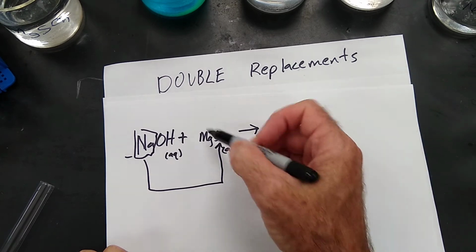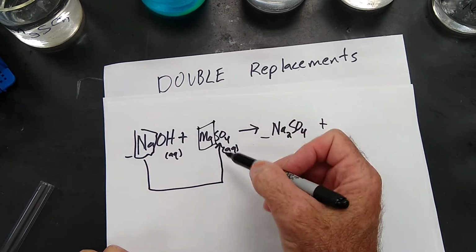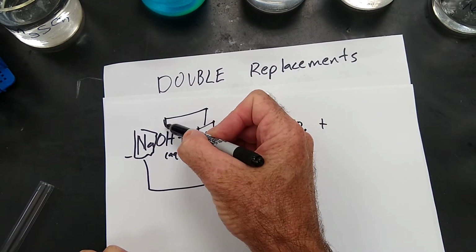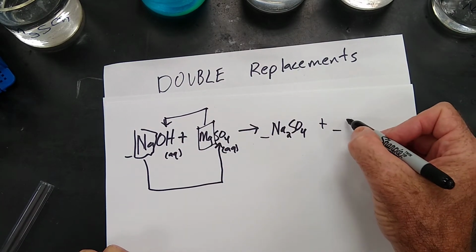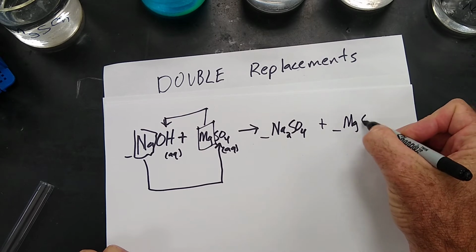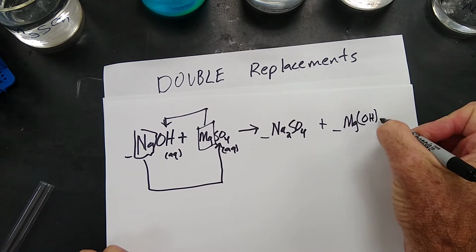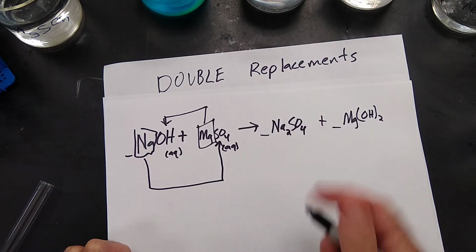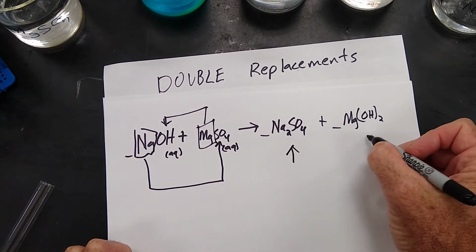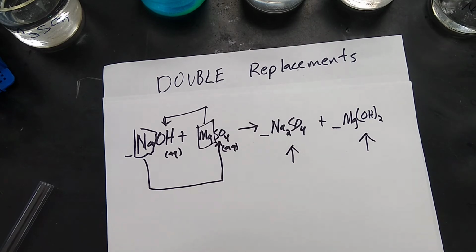Now who is magnesium going to be with? That's right, the OH. What is the formula for magnesium hydroxide? Mg(OH)2. Now we're going to look these up and see if either one of these is insoluble.